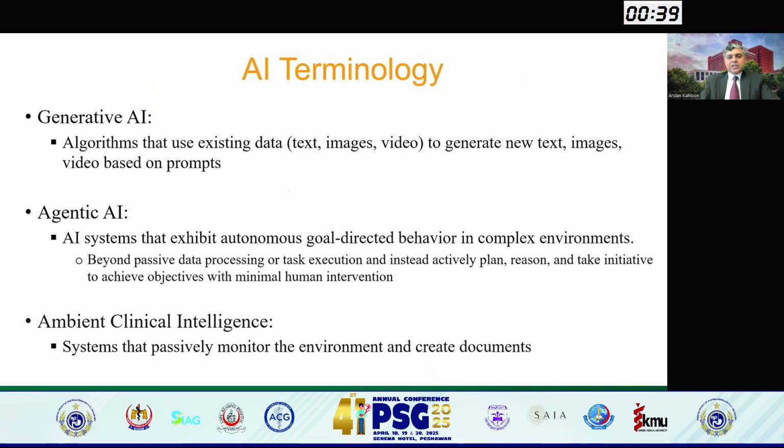Similarly, data can be accumulated from some of the medical devices that are being utilized, heart rate monitoring or blood pressure monitoring, O2 sats. So all these continuous data points that are being generated, ambient clinical intelligence can use those and look at the trends and can generate a report for you to then present for personalized care toward your patients.